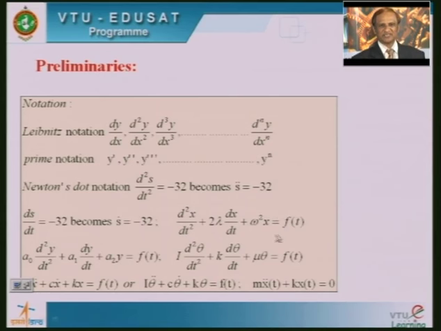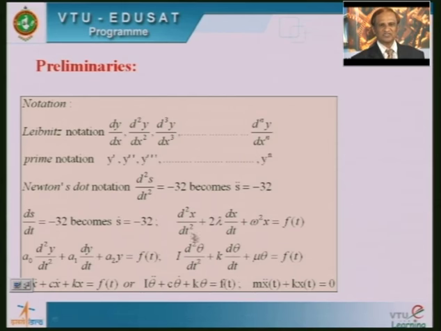Sometimes we will write a differential equation using these symbols, or sometimes we will write a naught d square y upon dt square plus a1 dy by dt plus a2 y is equal to f of t, or sometimes we will use notations like this, capital I into d square theta upon dt square plus k into d theta upon dt plus mu into theta is equal to f of t.